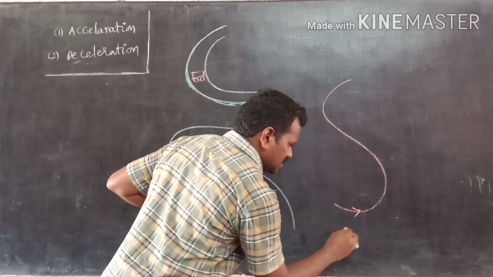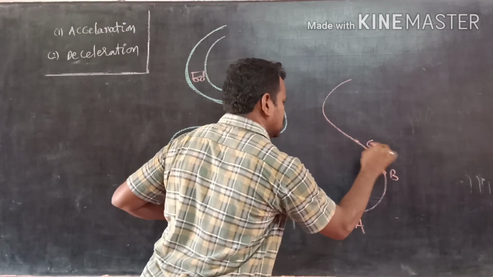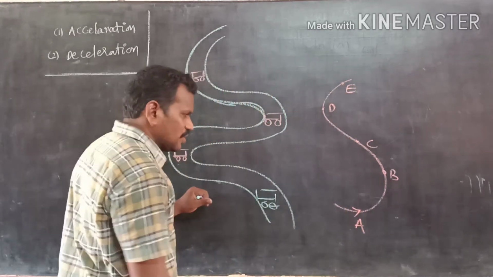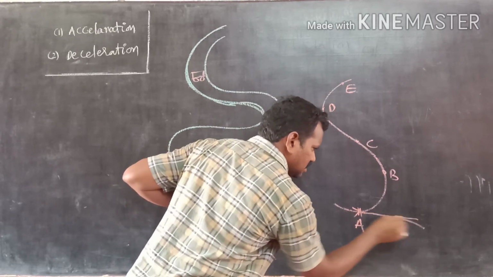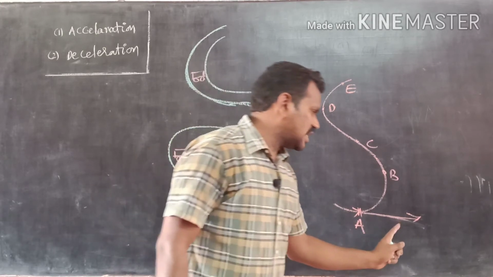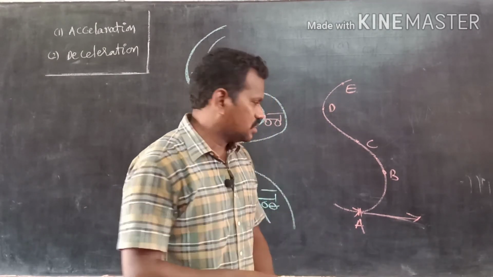See, at this particular point A, point B, point C, point D, point E. If we consider point A, the body is moving in this path. There we are going to draw the tangent. Why? Because this tangent gives the direction of velocity. We already know that.